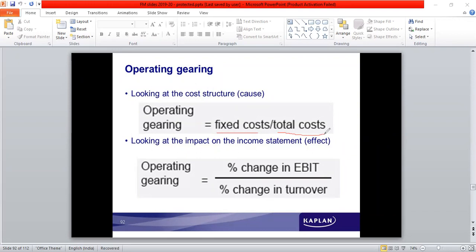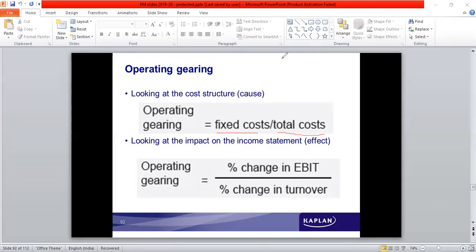Looking at the impact on the income statement, here we understand what is the percentage change in EBIT when there is a percentage change in turnover. So from 1000 units, if it has increased to 1200, we see that there is an impact of 20% increase in this example. So the operating gearing is calculated as percentage change in EBIT divided by percentage change in turnover.